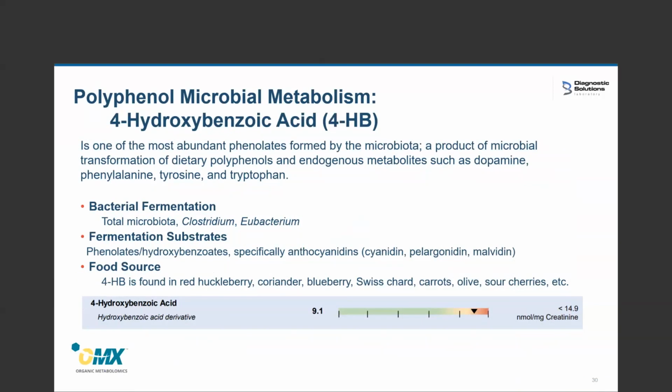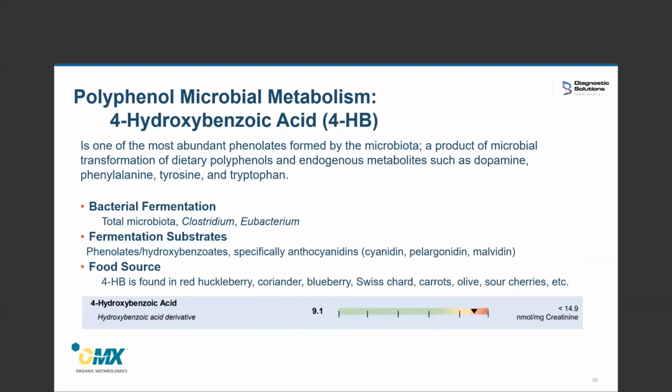Those are what they're going to act on, foods like huckleberry, coriander, and blueberry. And this is from our accountant, and she's a big vegetable eater, so it's not a surprise that she has these a little bit more elevated. Also, 4-hydroxybenzoic acid was one of 3 urinary metabolites, along with histamine and azelaic acid, that was able to discriminate between a low and high FODMAP diet in IBS patients.